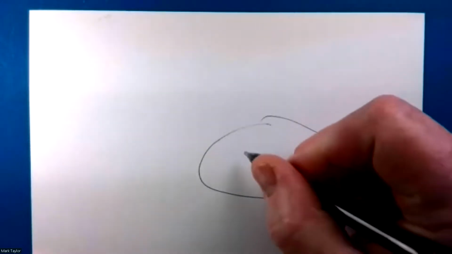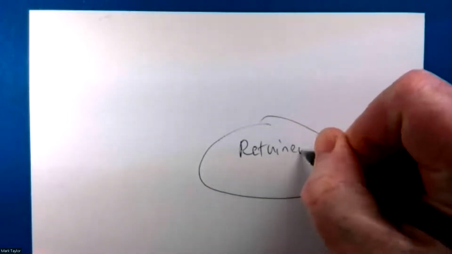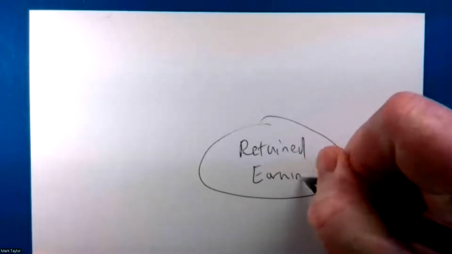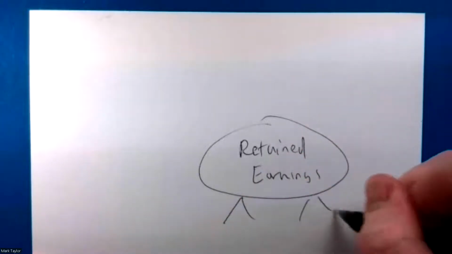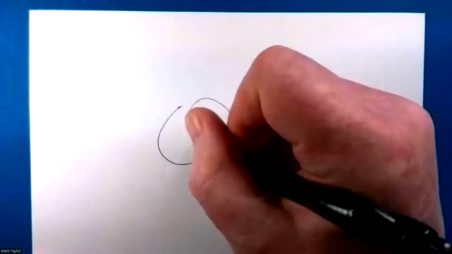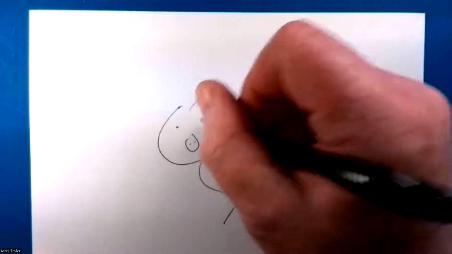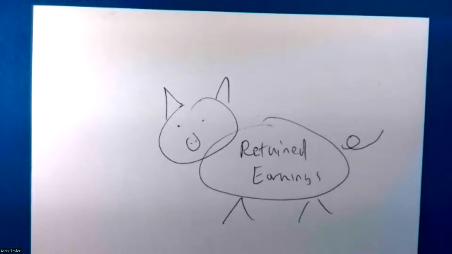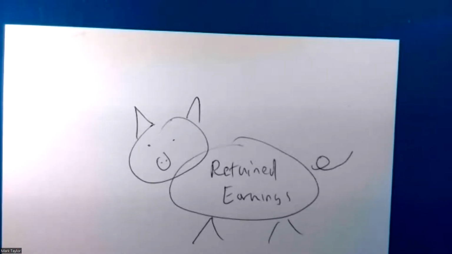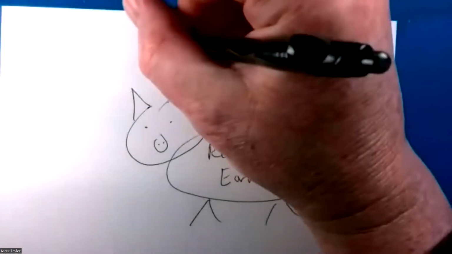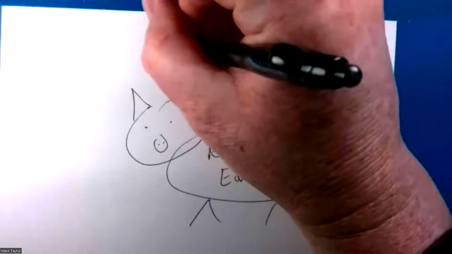Okay, retained earnings. Retained earnings is kind of like a piggy bank. I'm trying to find a pen. Okay, so we have our piggy bank, and income goes into the piggy bank.